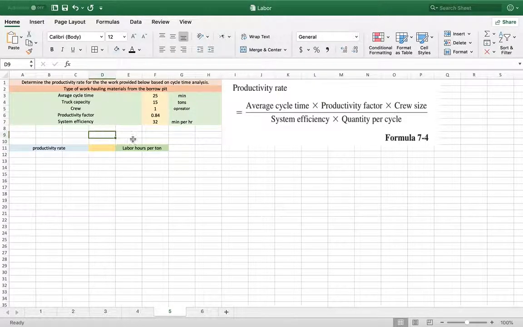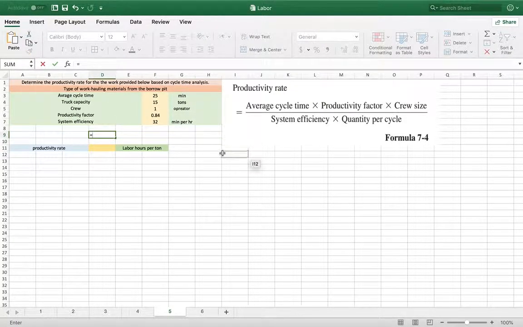So first, let's find the average cycle time multiplied by productivity factor multiplied by crew size.